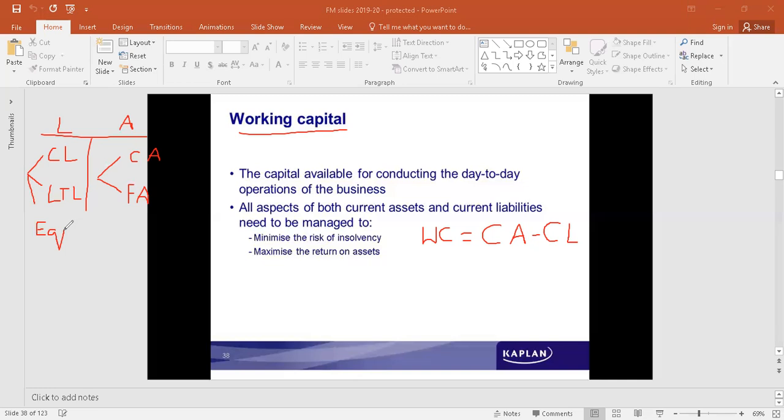Like salaries are paid, rent is paid, they require some stationery, telephone bill, supply expenses, legal charges, audit charges, insurance has to be paid. For all these things cash is required. So that portion of cash which is available after discharging the current liabilities is working capital in equation form.